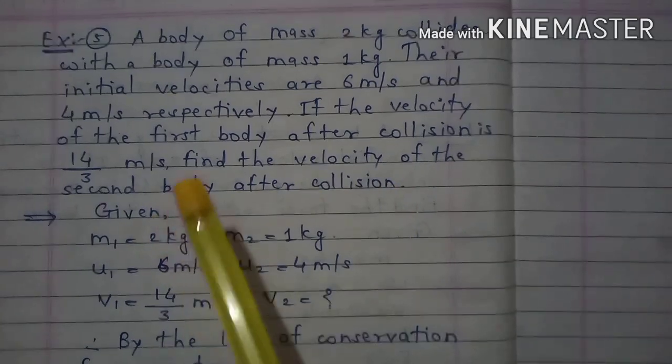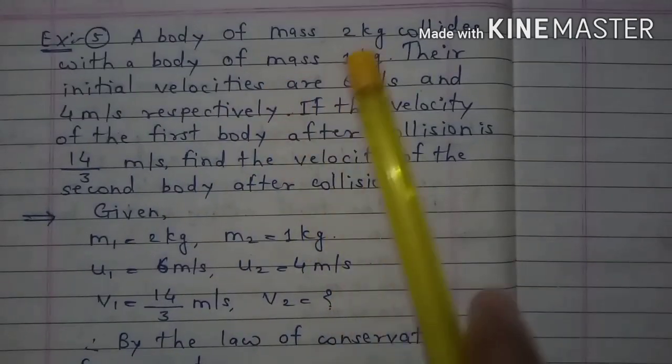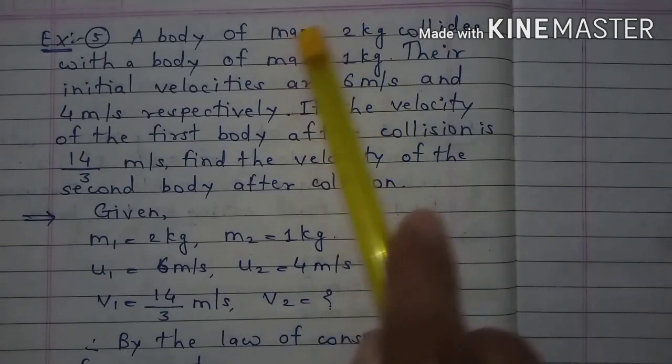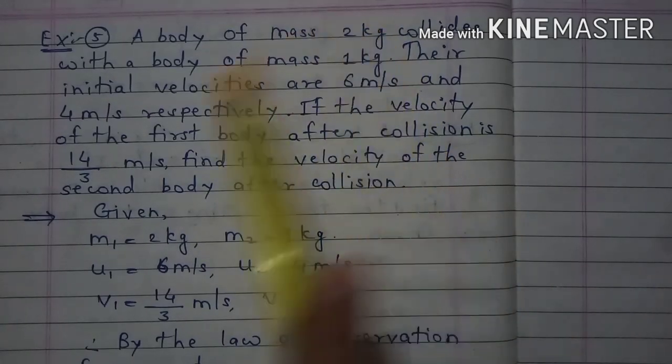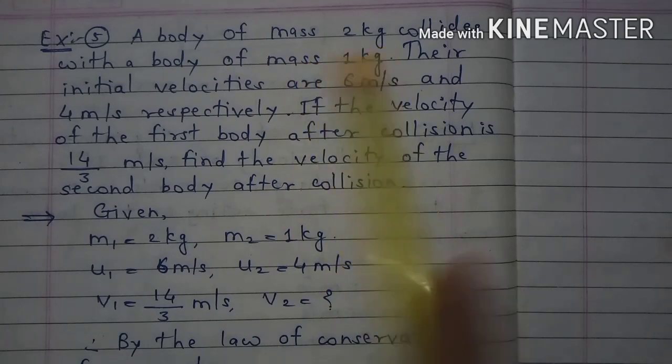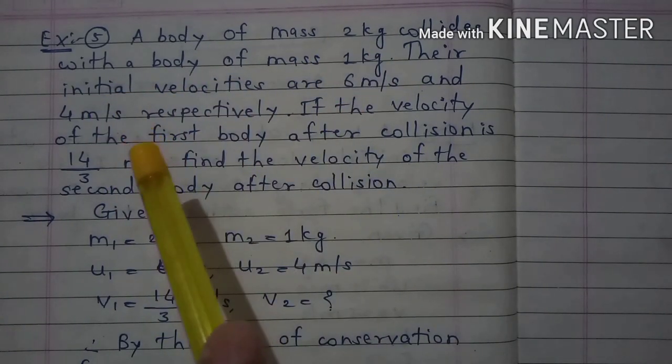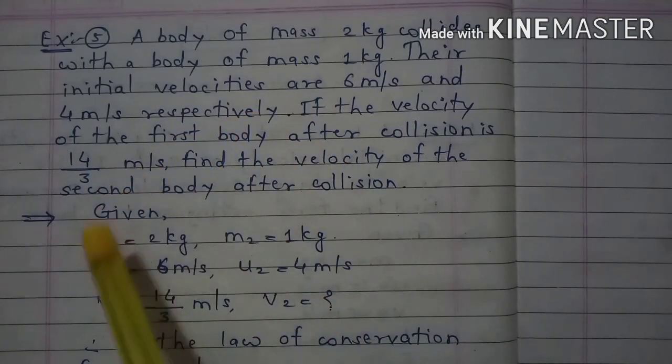Now in this example, we are given two bodies, one body of mass 2 kg and another body of mass 1 kg. Okay, so here initial velocities are given for the respective bodies, that is u1 and u2.